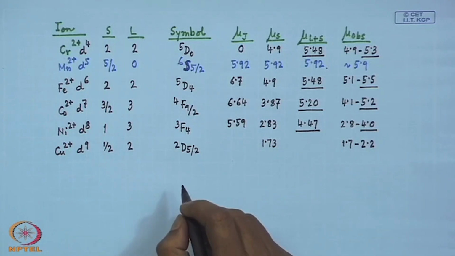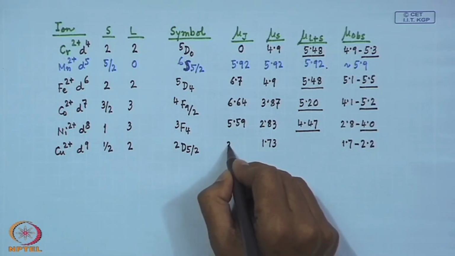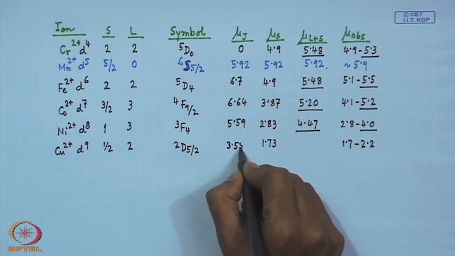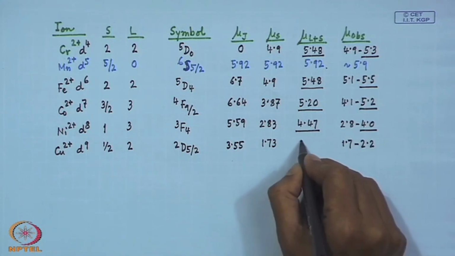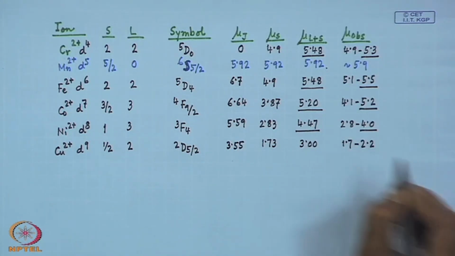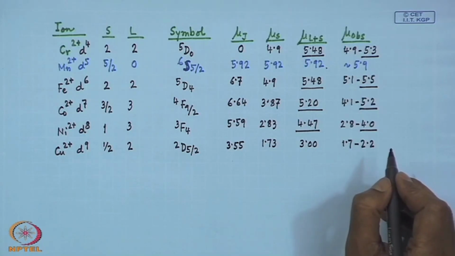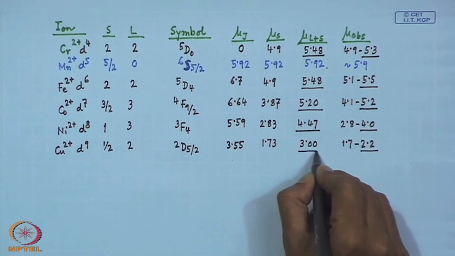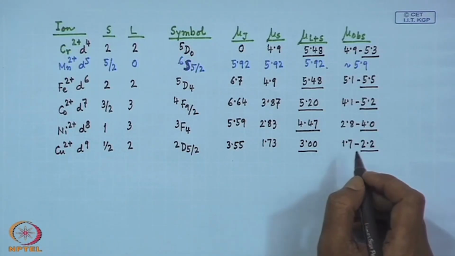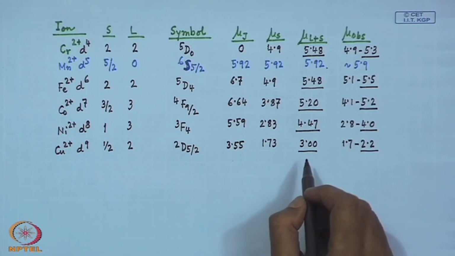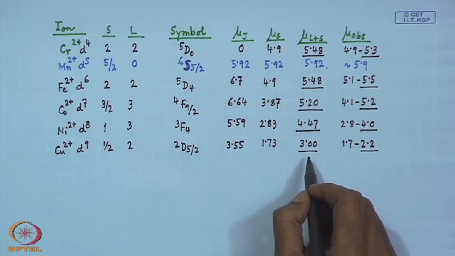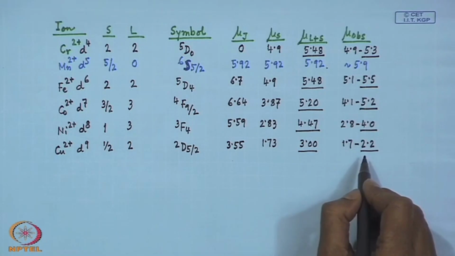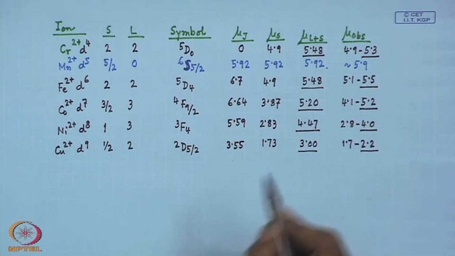1.7 to 2.2 and J value is equal to 3.55 and the mu L plus S is quite high compared to the experimentally determined value of 2.2, but still some contribution we can have which can basically justify the higher level of this corresponding magnetic moment compared to the value we can get from the spin only values.